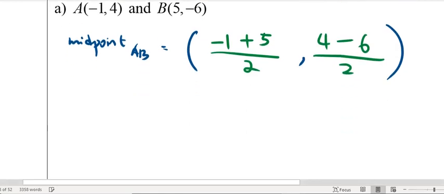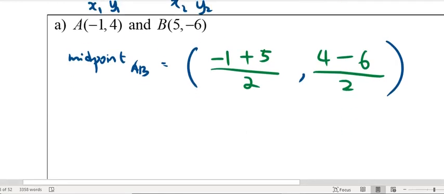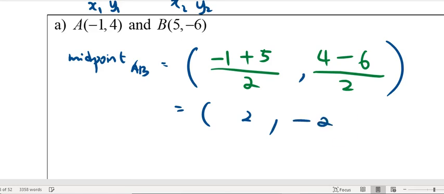So 5 minus 1 is 4, so 4 divided by 2 is 2. 4 minus 6 is negative 4, so negative 4 divided by 2 you have negative 2.